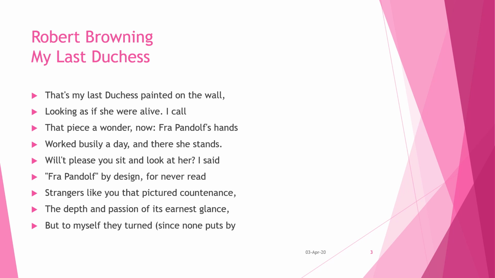He doesn't stop after I call, so that we hear wall and call, hands and stands, said and read, countenance, glance, etc. Okay? He uses run-on lines, he uses stops within the lines, and therefore we don't hear the rhyming that takes place. This is called open heroic couplets.